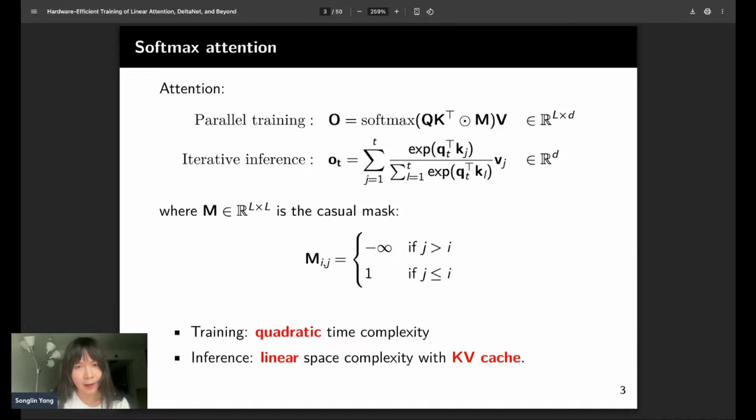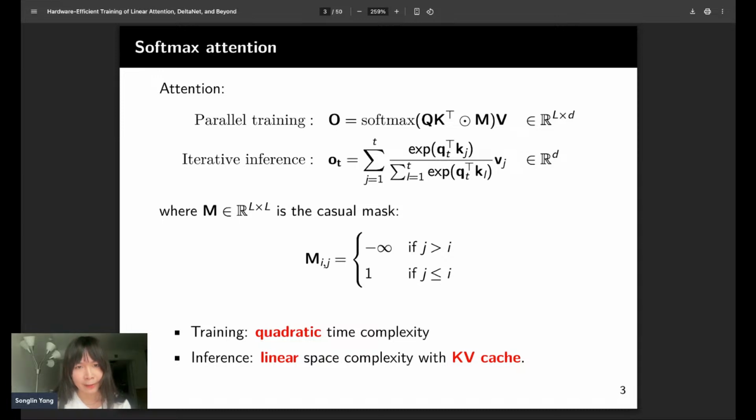For parallel training, we first take the dot product between the query and the key matrix to obtain the attention logits. Then we apply the causal mask, followed by a Softmax operator. And finally, we take another dot product between the resulting self-attention matrix and the value matrix to obtain the output. This is for parallel training.